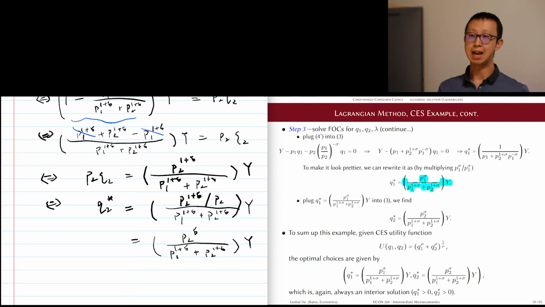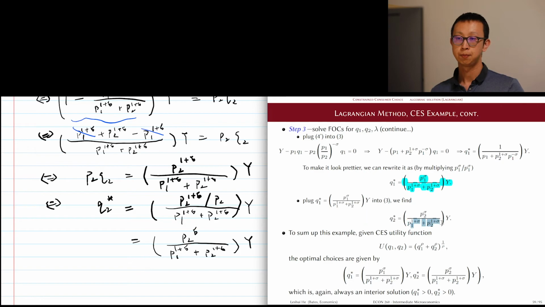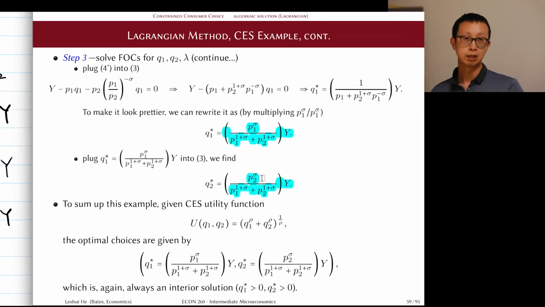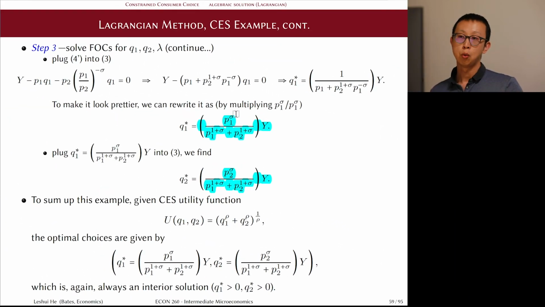And this is exactly the symmetric expression as what we have for Q1 star, with the only difference being that in the numerator we have the price for the good, P1 for Q1 star here, and P2 for Q2 star here. On the denominator, we have exactly the same expression that is, again, some sort of average between these two prices.